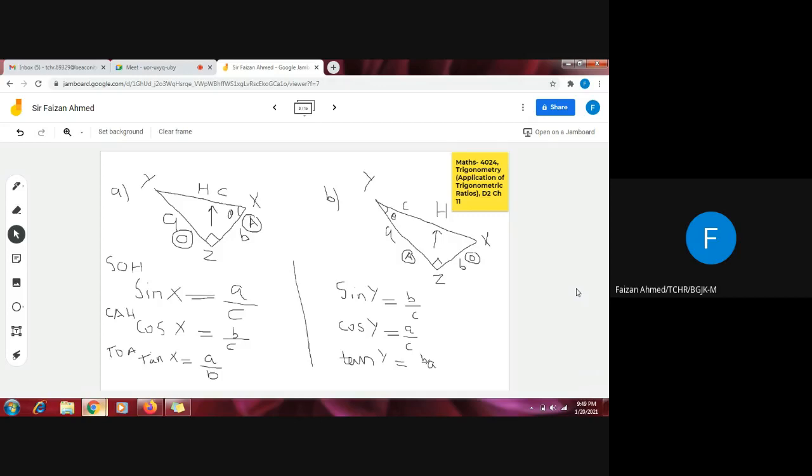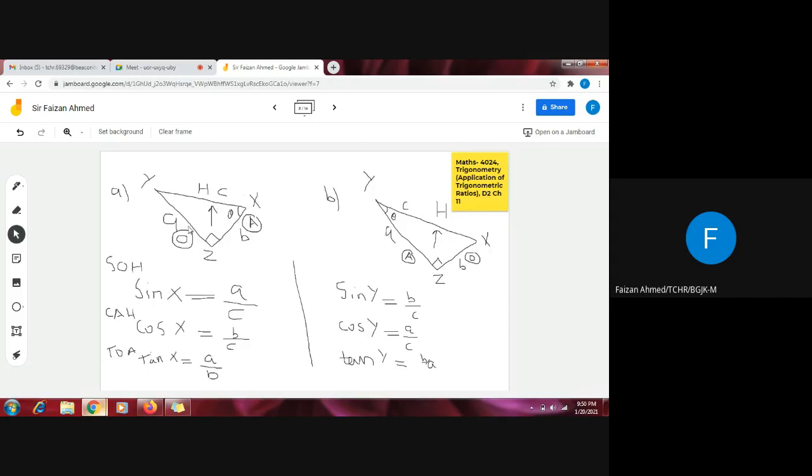The question we have is a right angle triangle, in front of you. The name of the right angle triangle is XYZ. These are capital letters, and capital letters are always used to represent angles, while small letters represent the length of sides.